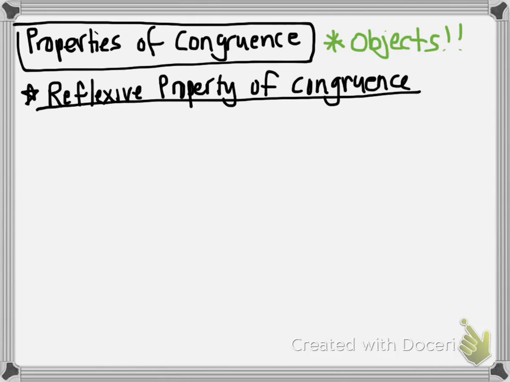So basically what it's saying when you have the reflexive property of congruence is that a segment is congruent to itself. It has the same length and it's the same shape. So that's what this represents, is that a segment is congruent to itself, and then we can use that same notion and say that an angle, in this case angle D, is congruent to itself.